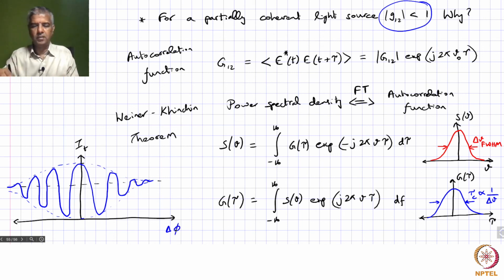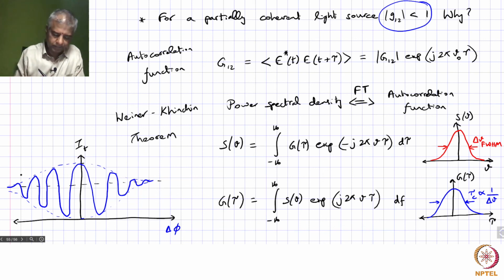So, for larger changes in phase also, or larger path length differences, you can still get very good interference. On the other hand, if your source coherence is limited, you can get these interference fringes only over some limited range of delta phi. Okay. So, once again this corresponds to tau c.